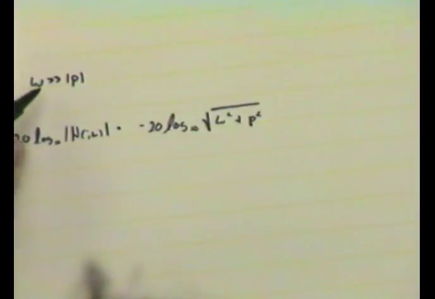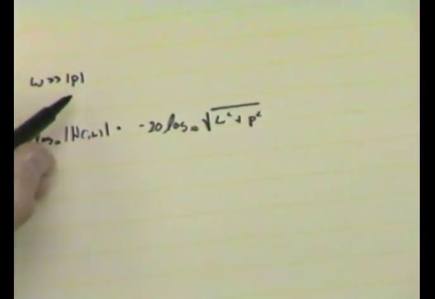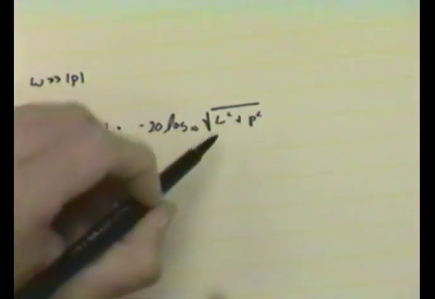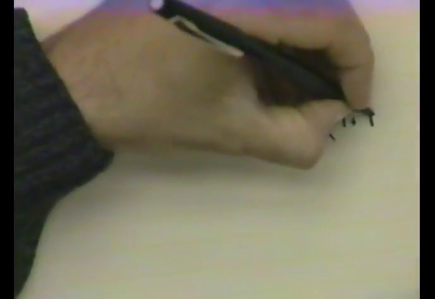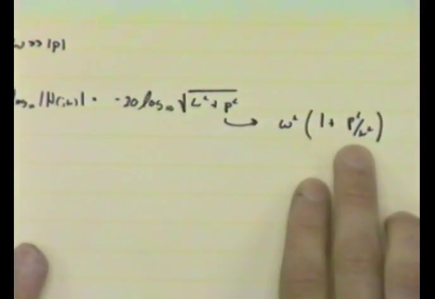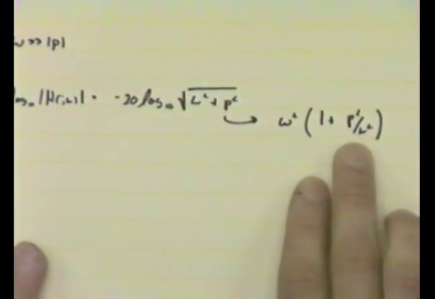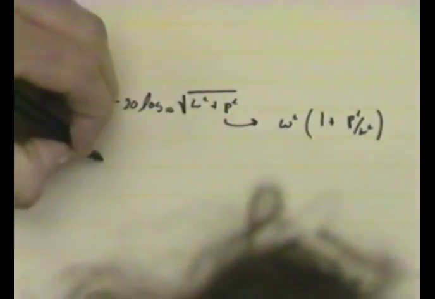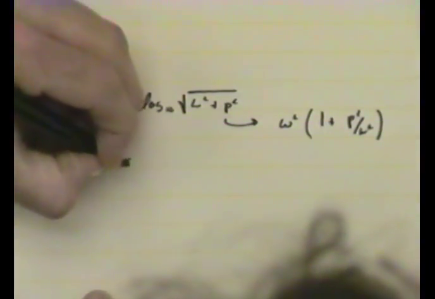Now, for omega much greater than absolute p, this term here we can rewrite as omega squared times 1 plus p squared over omega squared. This term here on the right is going to be very small. So now we use the logarithms, and we end up with this.